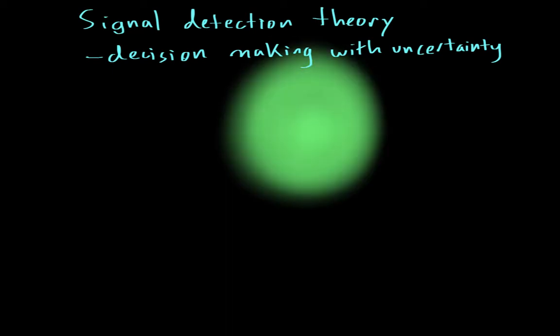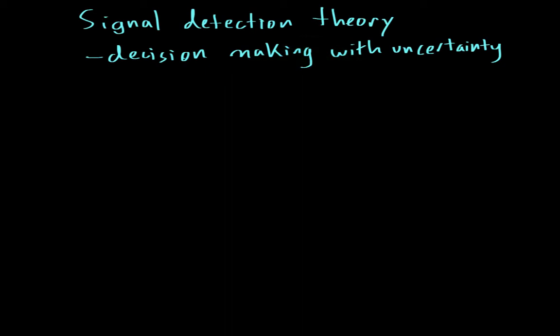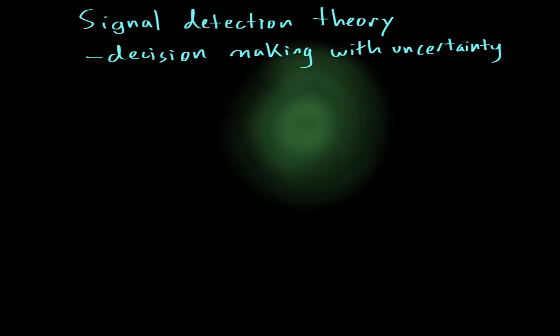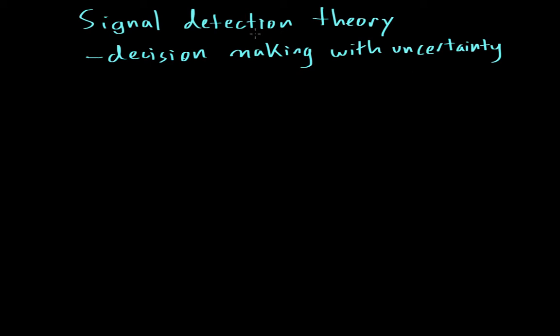The bright green dot is a fairly strong signal and this faint green dot is a fairly weak signal. So signal detection theory is trying to figure out at what point a signal is strong enough that we are able to notice it, and at what point we are able to detect a signal.